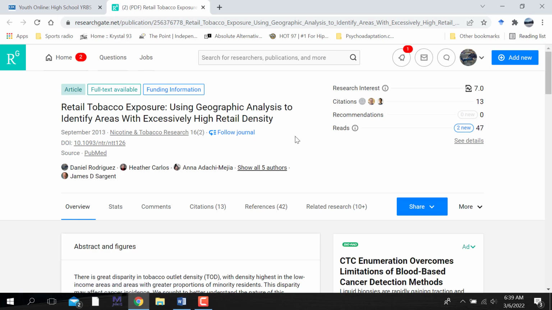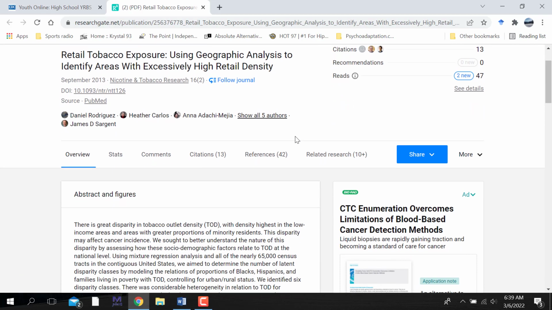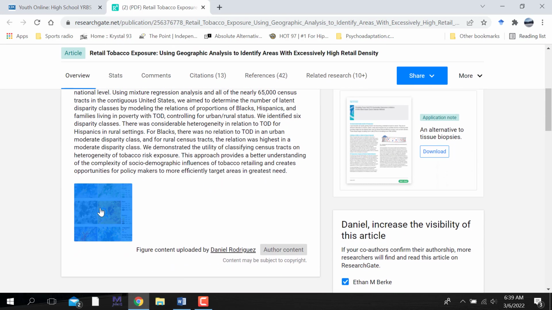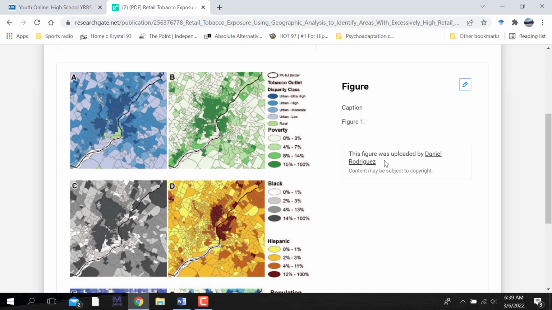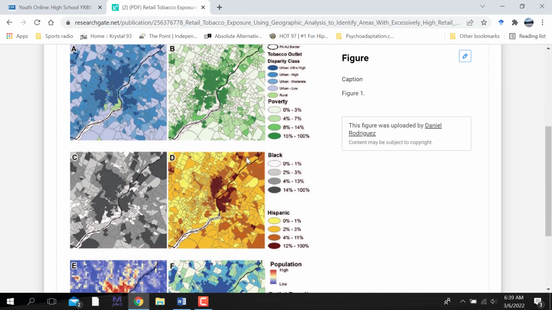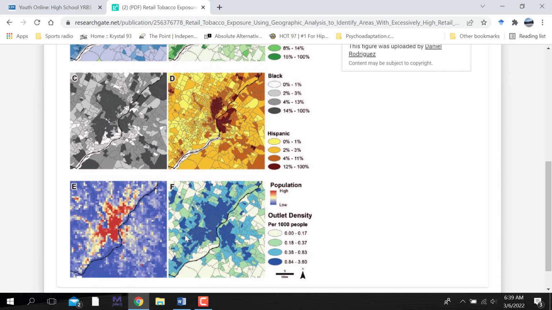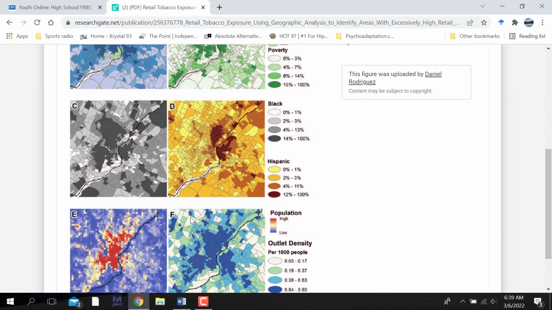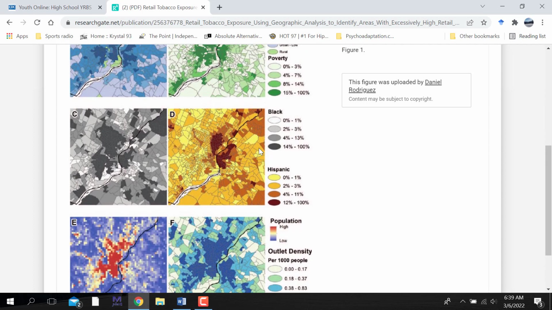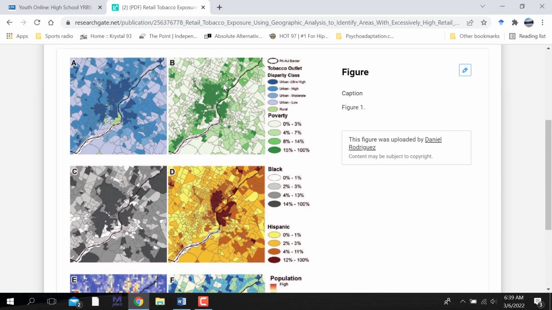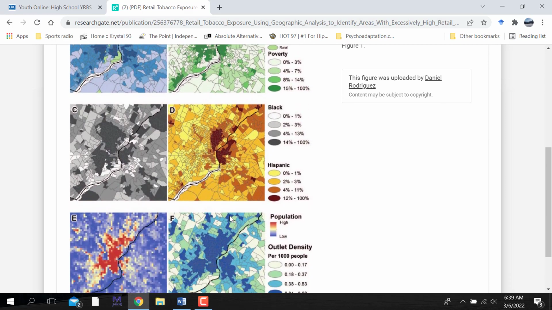So this is one of the papers that I published that shows a mapping of Philadelphia and Trenton. I may have already shown this to you, but this is an example of the impact of mapping, right? You can see that wherever there was a greater density of people and a greater density of African Americans, Hispanics, and people living in poverty, there was a greater density of tobacco outlets.